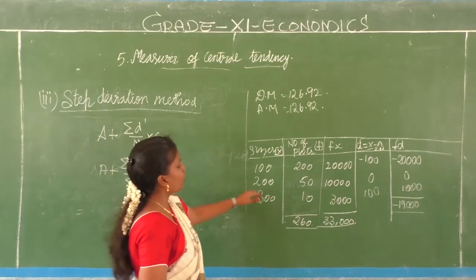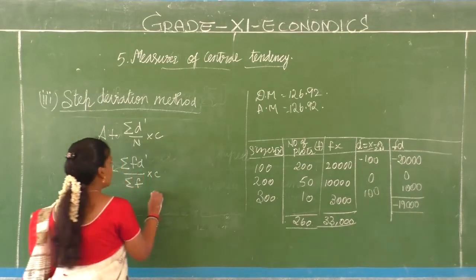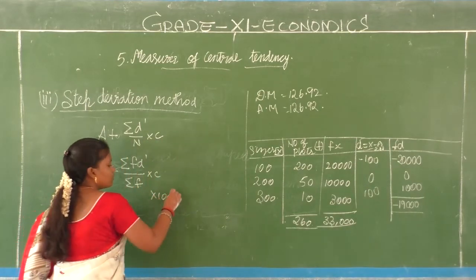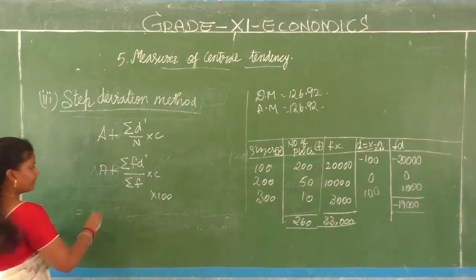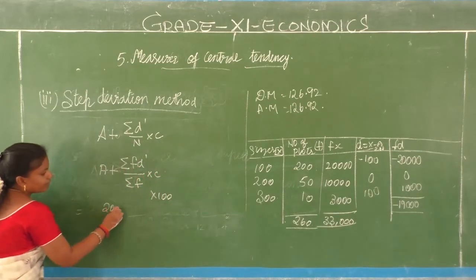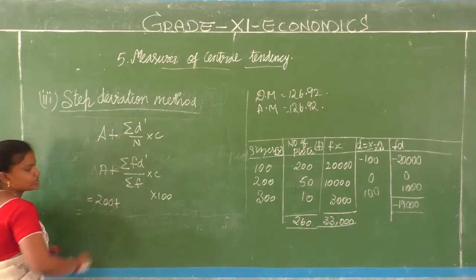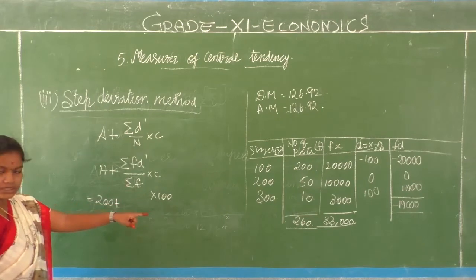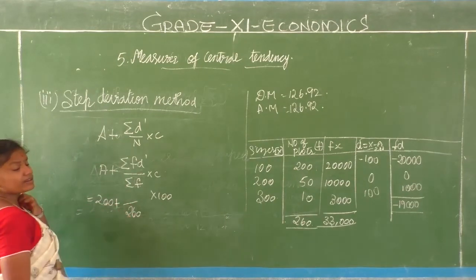So if you see the common difference between each, c is going to be 100 for us. What is it going to be? 100. What a did we fix? 200. So we already have this also. And we know the sigma f. What should we find now?